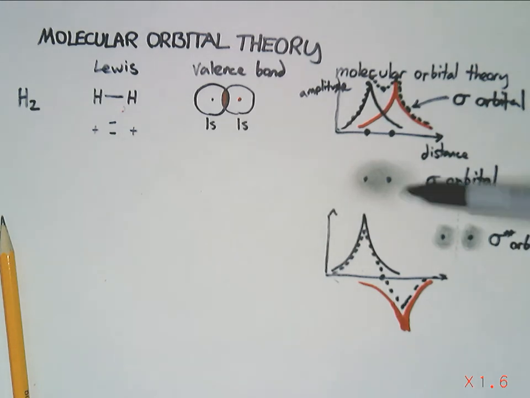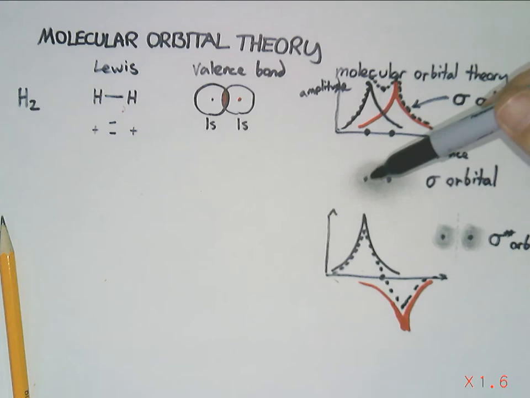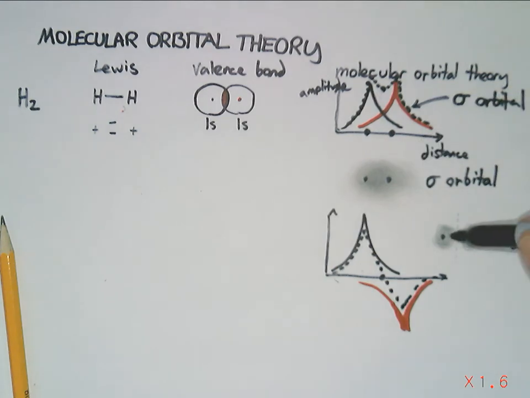Now this one is going to be a bonding orbital because there's a buildup of negative charge in between the 2 nuclei. And this one is going to be an anti-bonding orbital because the electron cloud is stripped away between the 2 nuclei. They're both positively charged, these nuclei, so they're going to kick against each other and push apart.